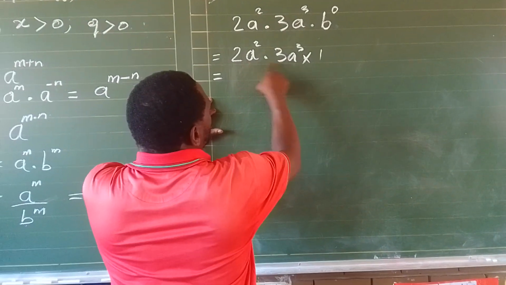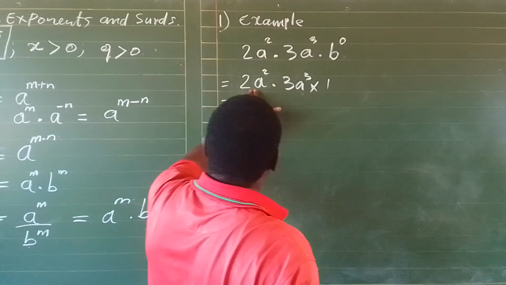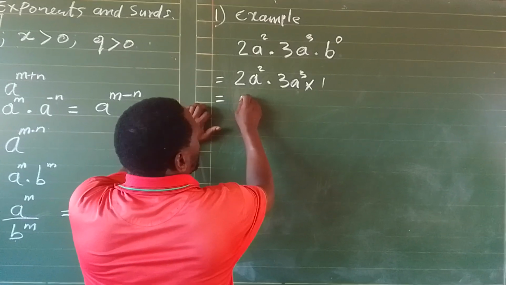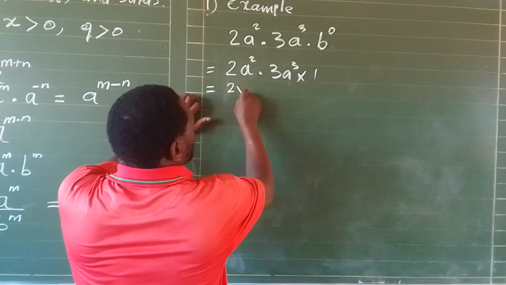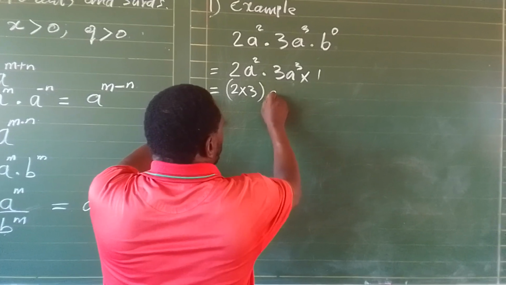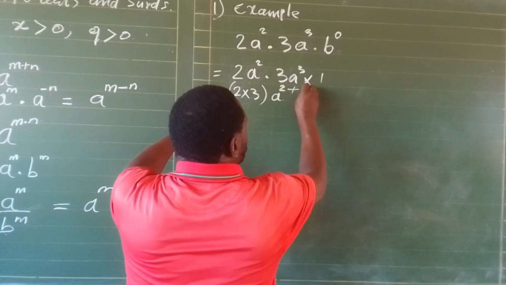Now you can see that here we have the common base. You multiply this: 2 times 3, a to the power 2 plus 3.